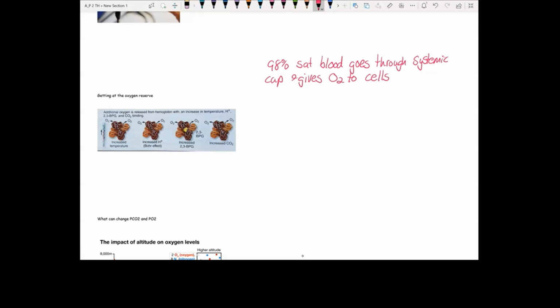Now, it doesn't give all of the oxygen to your cells. Once the blood has gone through the capillary and it's heading back to the heart, so now we have the venous blood, after the capillary it is still typically about 70% saturated.